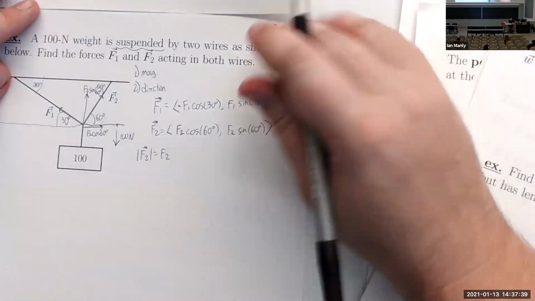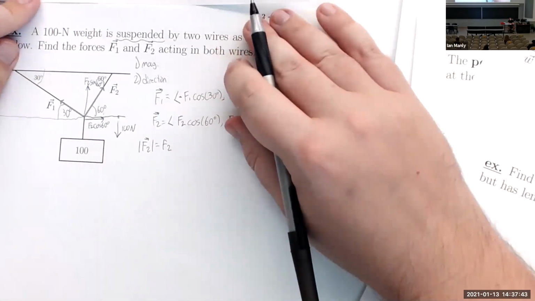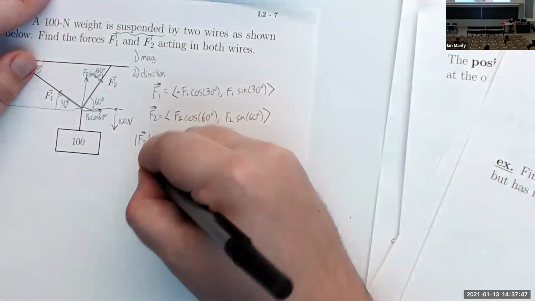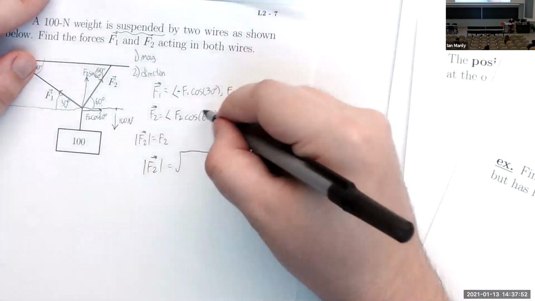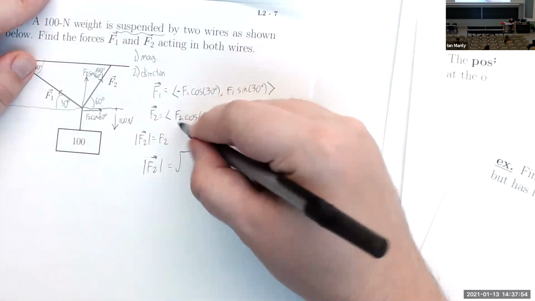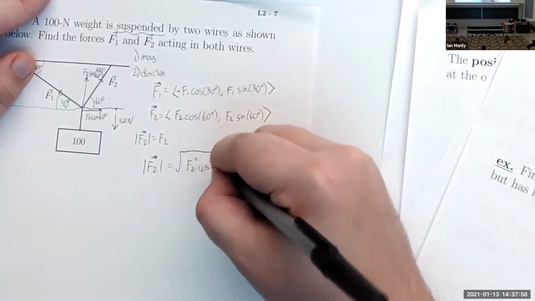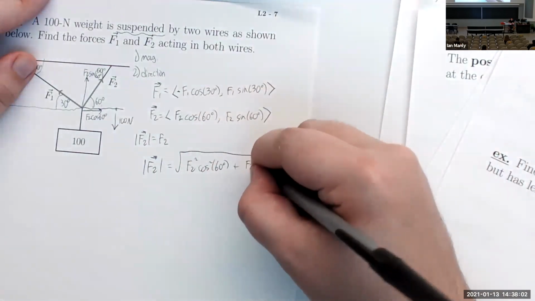I see some requests in the chat to explain where this comes from right here. One way to see where this comes from is, let's say we wanted to know the magnitude of F2, right? So technically we have to do this squared, and then we add in this squared right here.